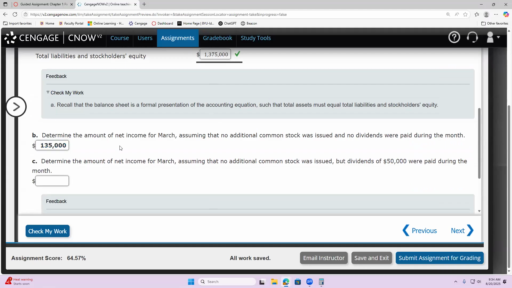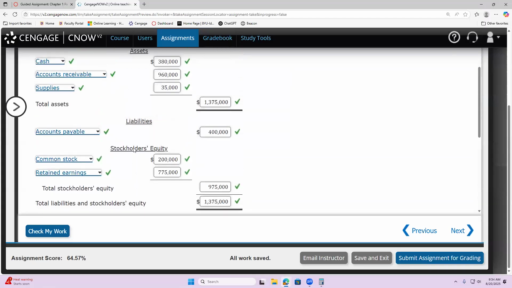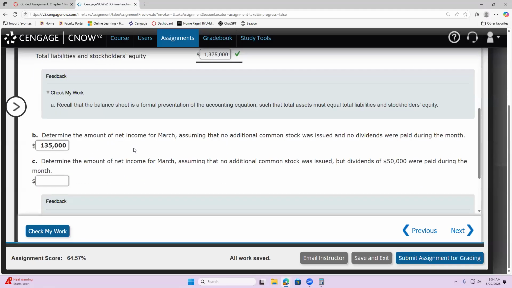And then for C, it says determine the amount of net income for March, assuming that no additional common stock was issued, but dividends of 50,000 were paid during the month. So if we were going to do that, then we'd have to say the change in our retained earnings, right, which was 135,000, equals our net income, which is what it wants us to find, minus the dividends of 50,000.